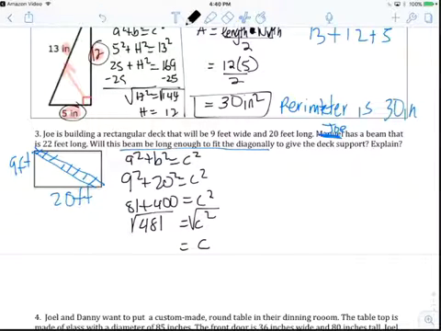C is equal to 21.93, or 21.9 feet. Will this beam be long enough to fit the diagonal? Yes, it will, because it's more.